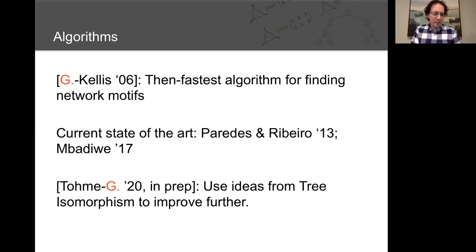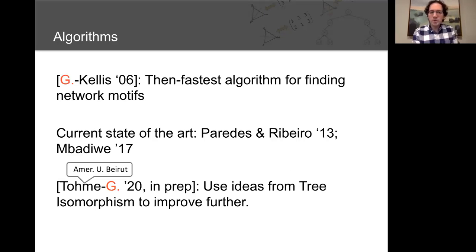And then very recently, just in the past year, I was working with Tarek Tomei, an undergrad, now graduated from American University of Beirut, to improve these even further using some additional ideas from tree isomorphism. Basically because it turns out that in real world networks, there are a lot of trees. And so if you can speed up that part of your counting, that's a big win.